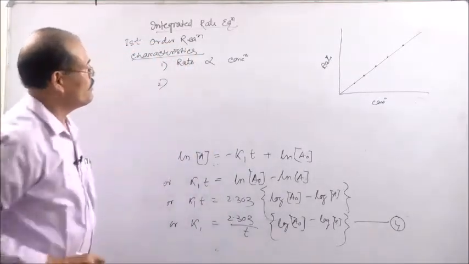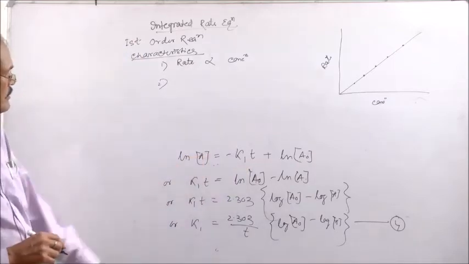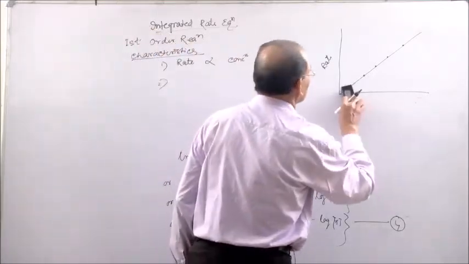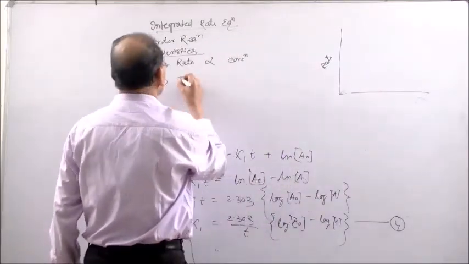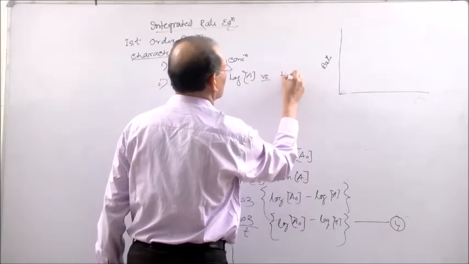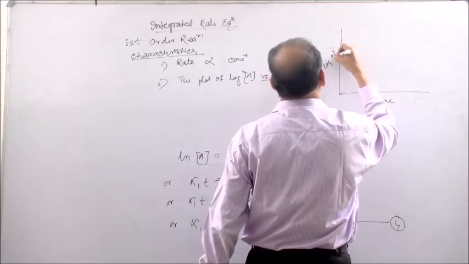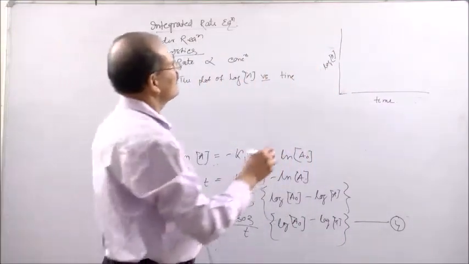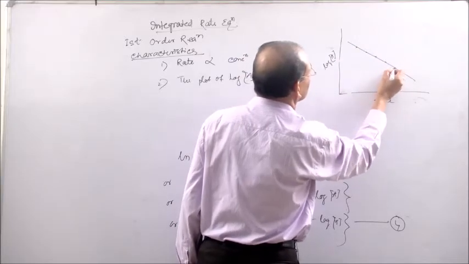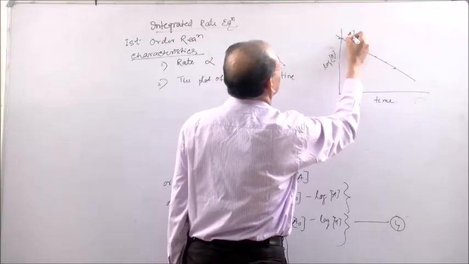Second point, if we consider equation 4, plotting log A versus time, it also gives a straight line like this with different points, and when it intersects this axis, that gives the initial concentration A0.